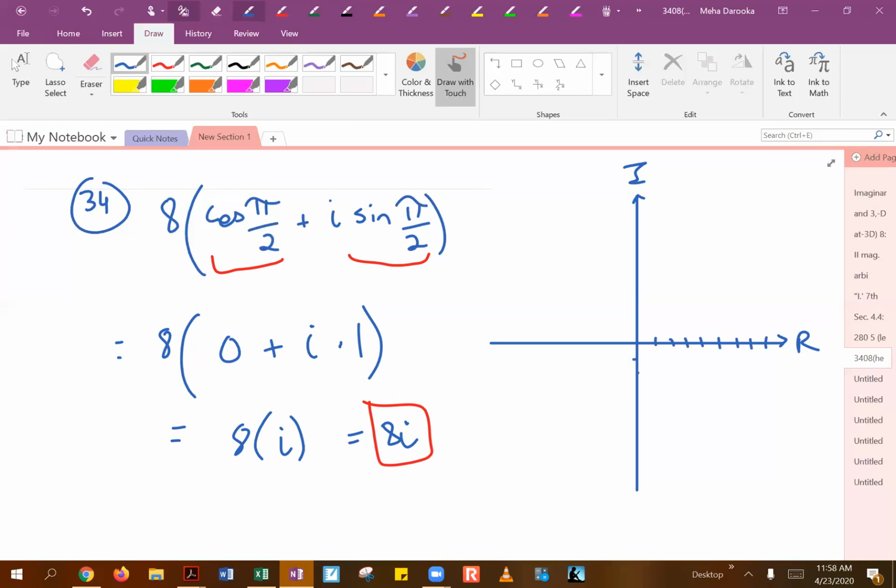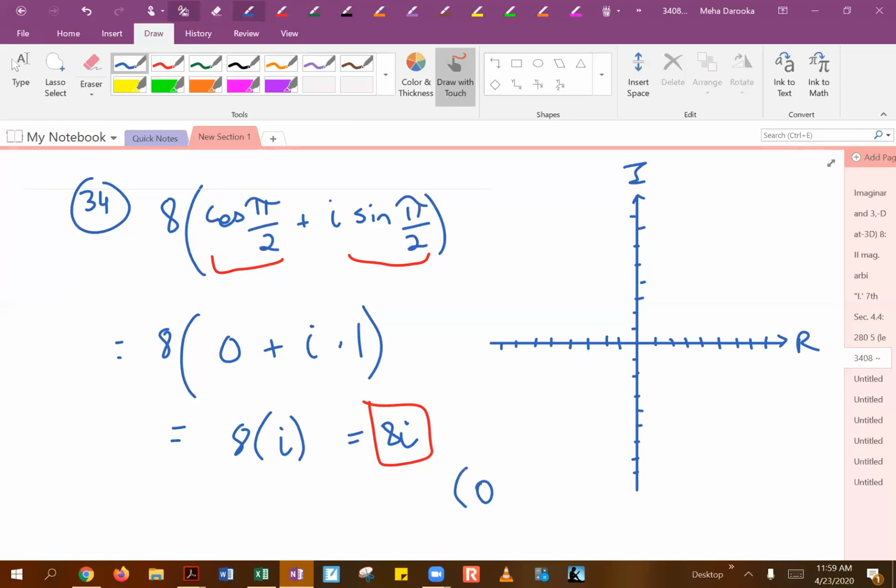So how would you graph this? On the imaginary plane, you would just go up 8. So it'd be (0, 8), because your real part is not here.